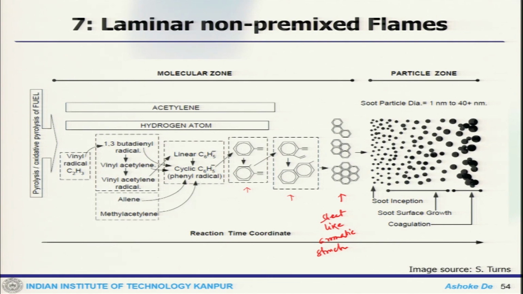This is a coagulation process, and then finally, downstream, it gets oxidized in the presence of OH and these things. Now, if the amount which is formed and the oxidation are balancing out, then there will be no soot at the end of this process. But if that does not happen, there is an imbalance, so you get to see these black particles at the end. This is the whole process one can think about.